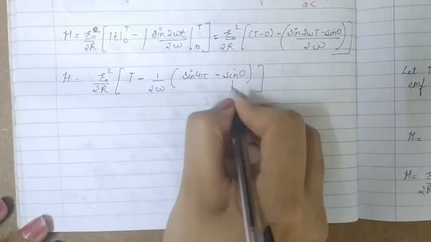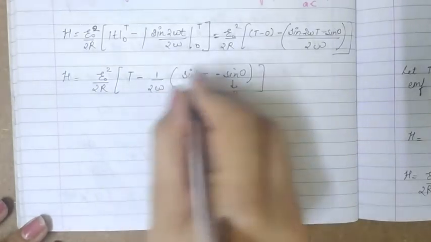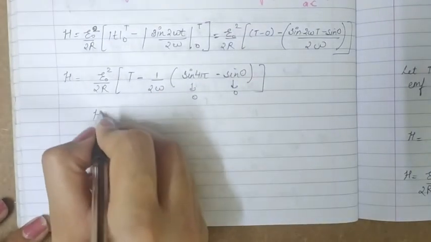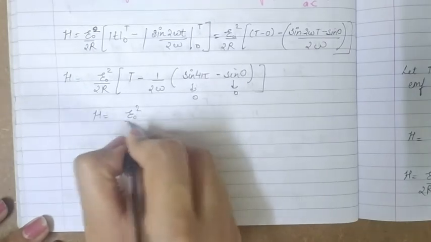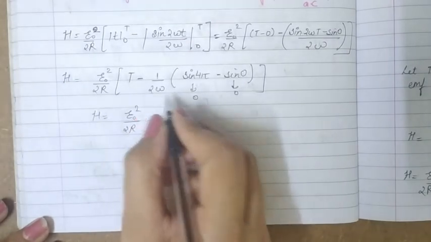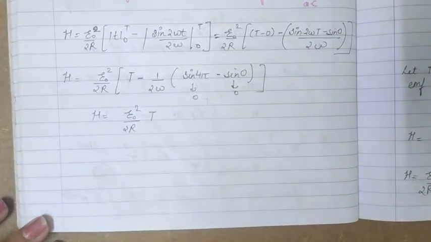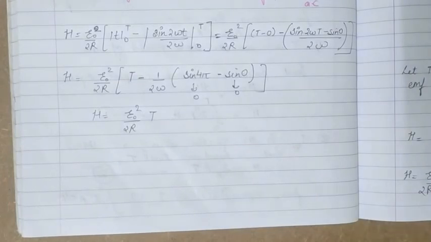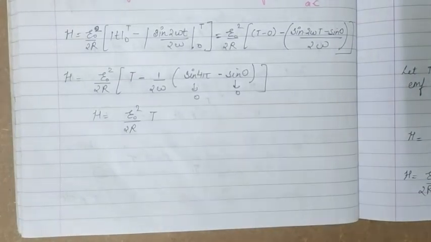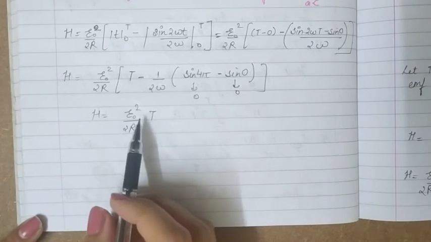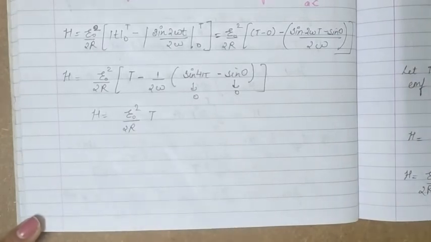Sine 0 is 0 and sine 4 pi is 0, so this value becomes 0, and we get H equals epsilon naught square upon 2R times T. So this is the heat dissipated for one complete cycle of the alternating EMF.